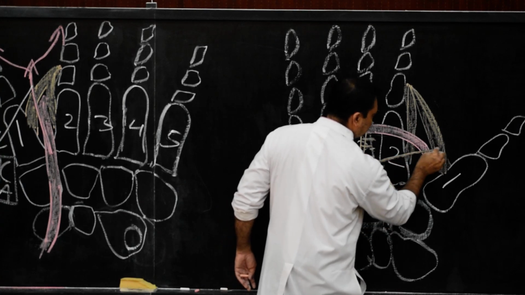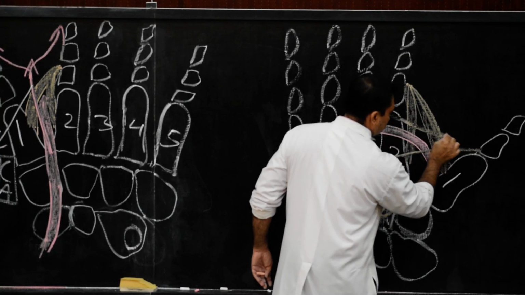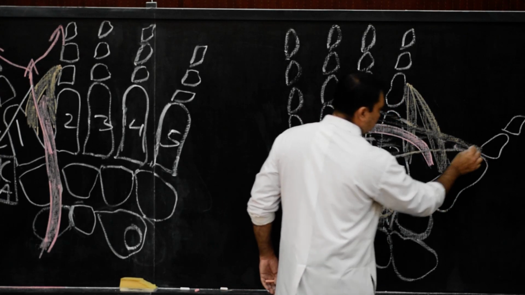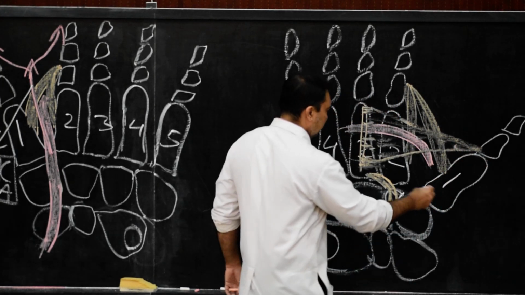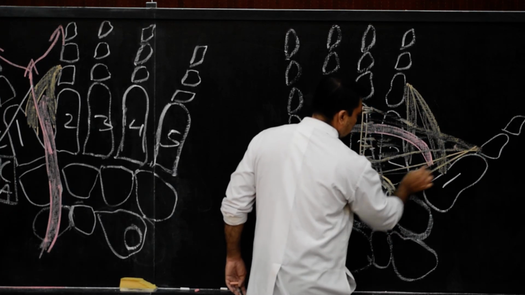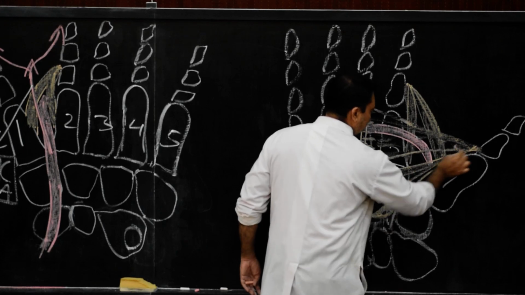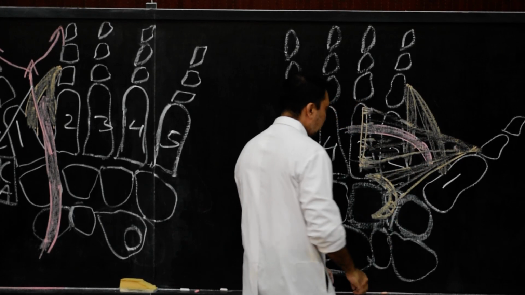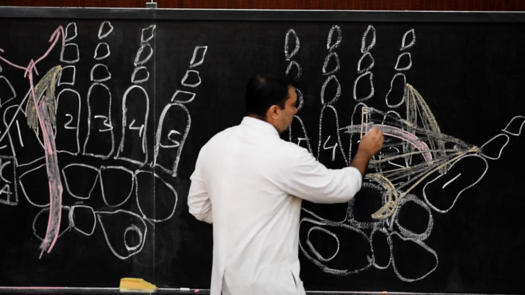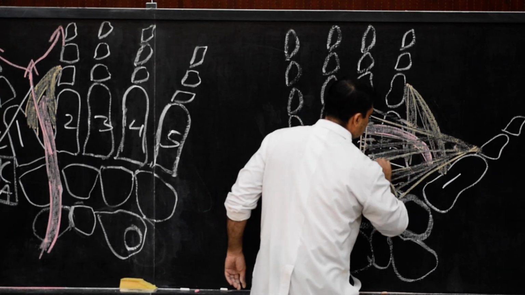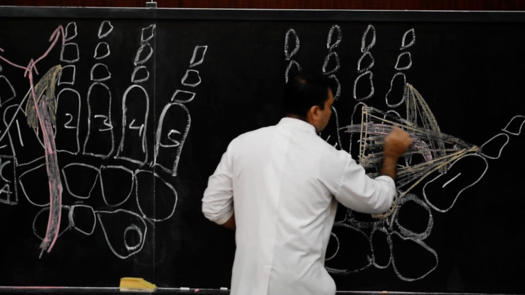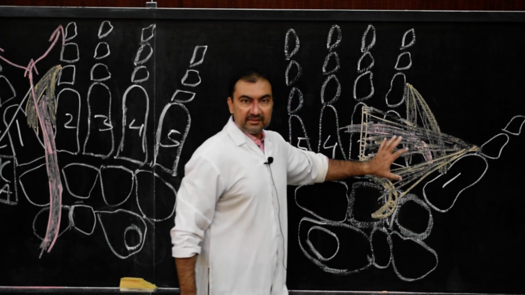Both the heads are fusing and they will join the proximal phalanx of the first digit. So this is the oblique head and this is the transverse head. These two are the adductor pollicis.